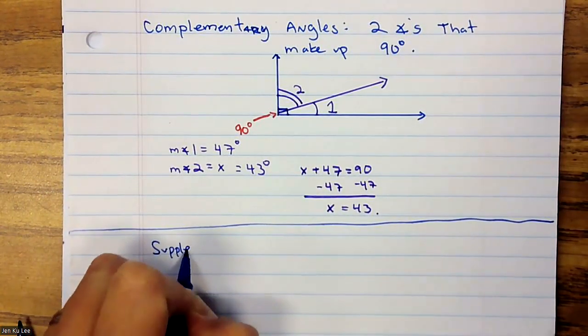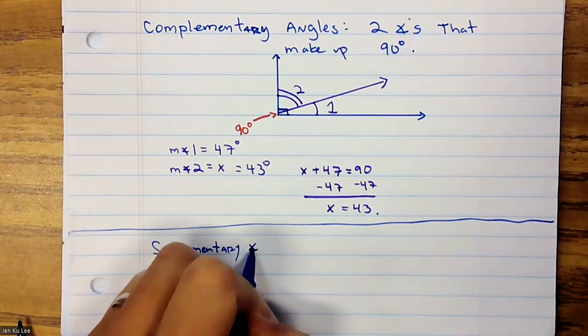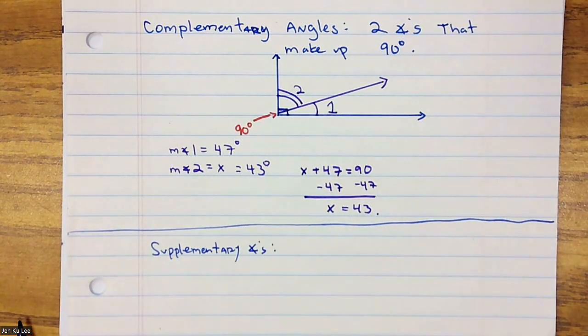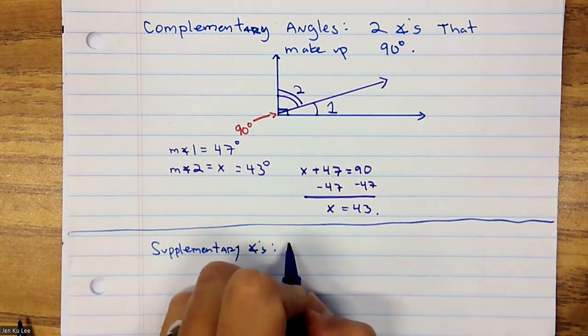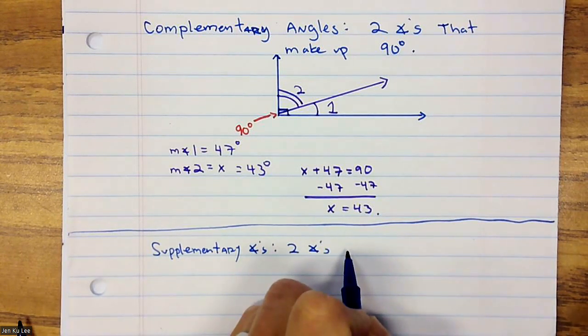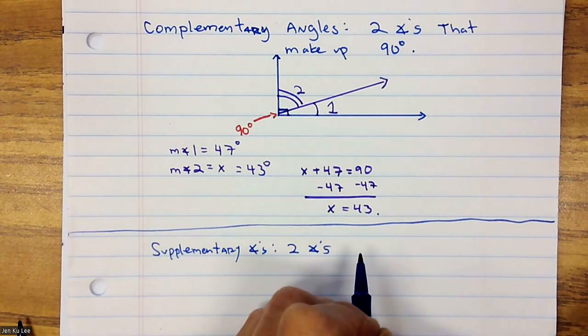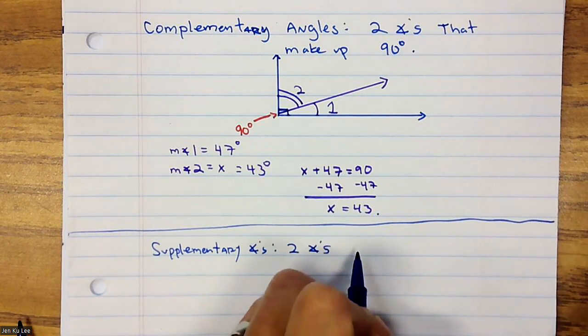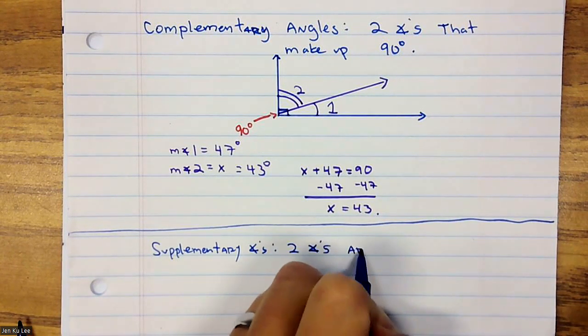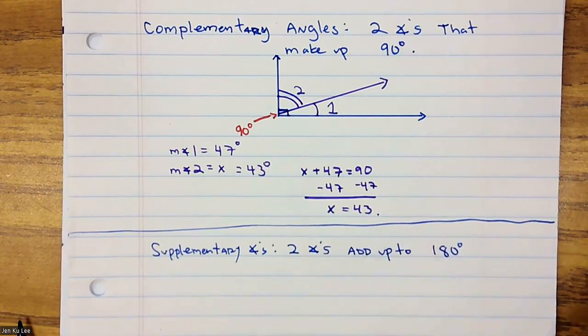Supplementary angles. What are supplementary angles? Two angles that add up to 180 degrees.